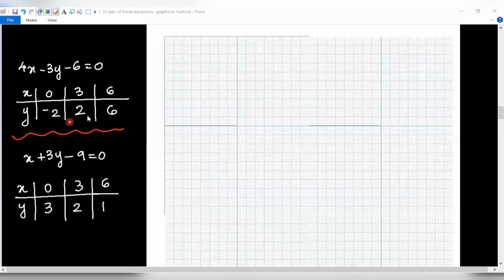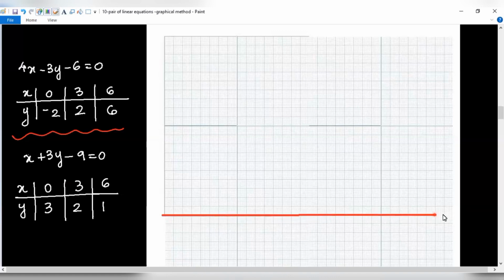So these are the values which we have to plot. First, let us observe x, only positive values are there for x, no? And for y, we have negative 2. Okay, so let us start from here. This is our x-axis and y-axis. Let us take this as a y-axis.